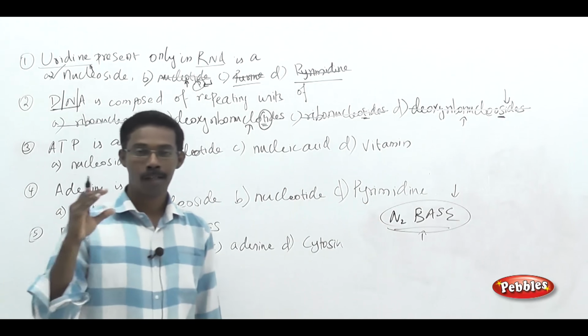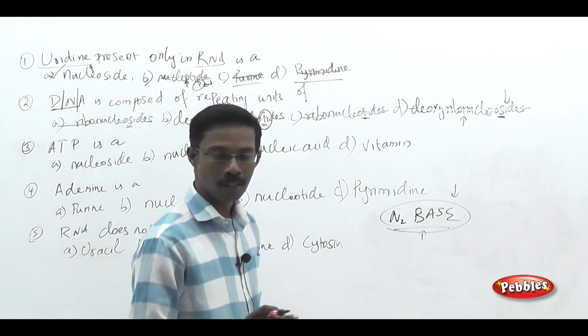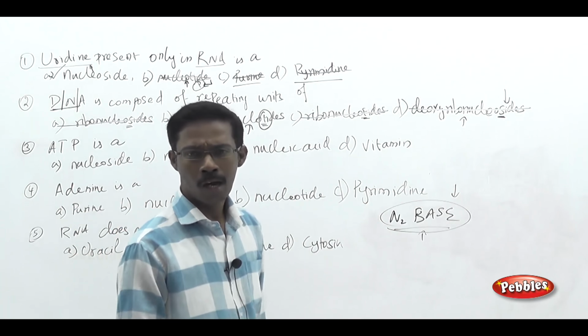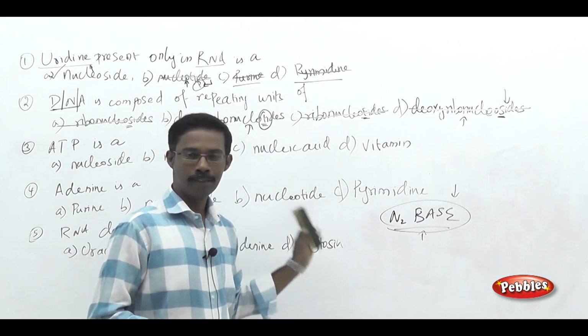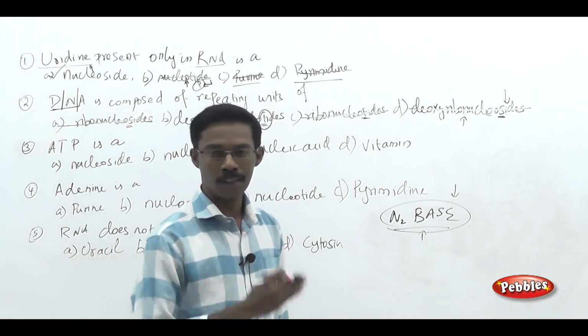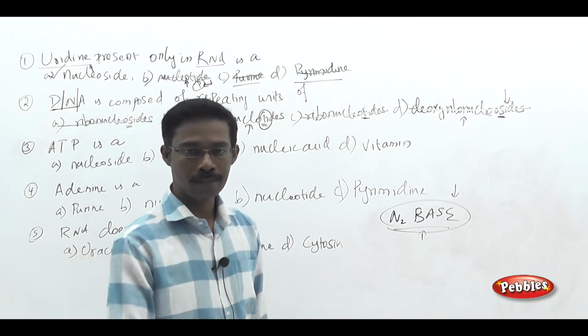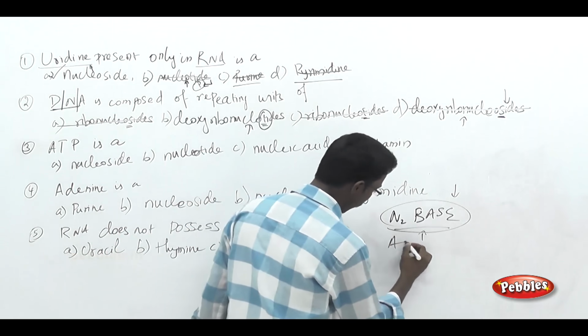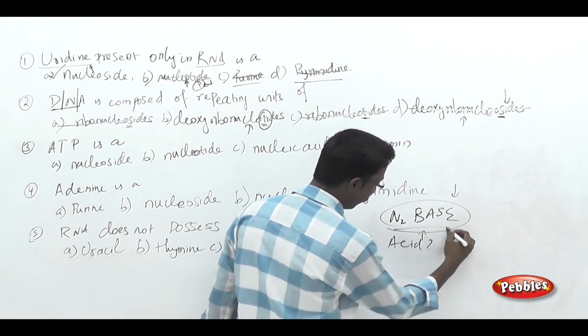This is the bulky group in DNA and RNA. So why do we call DNA and RNA an acid, not a base?